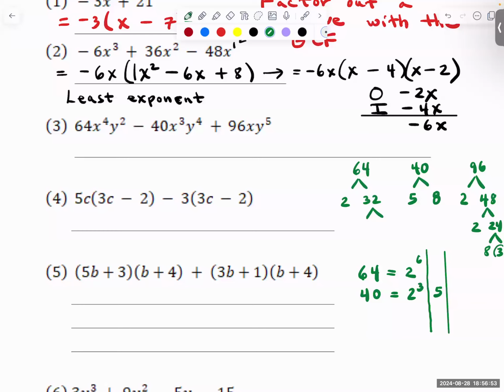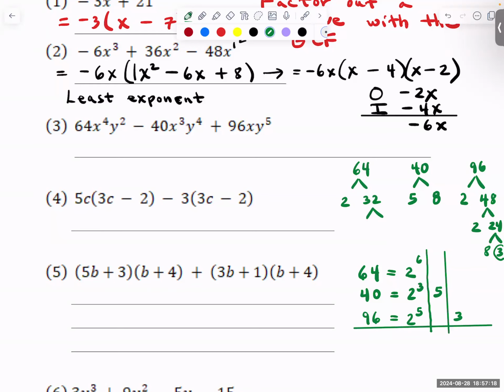times 3. So let's go back to this method here. Write 96 as a product of powers of primes. So we have 2 to the 5th power, and 3 doesn't match with the 5 in the second column, so it's going to go in its own column.